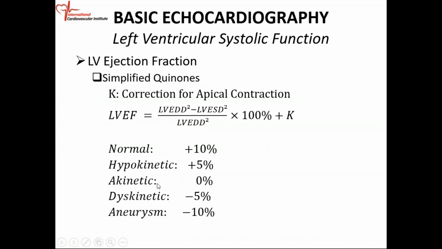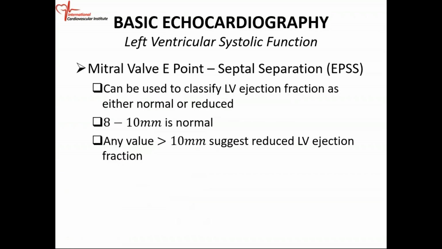If the apex is akinetic, that means it's not contracting, then you add 0. If it's dyskinetic, that means it's moving in the opposite direction to which it's supposed to be moving, you subtract 5%. And if it's aneurysmal, subtract 10%. So the simplified Quinones method is for exam purposes only, all right?